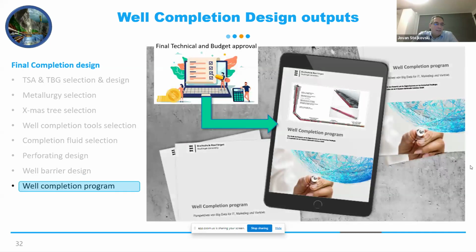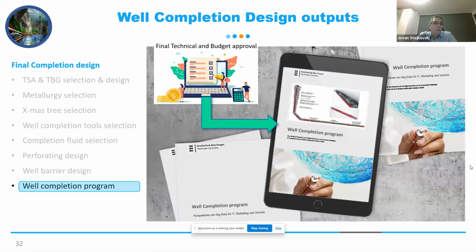Going on to our last slide for today, I will compile all of these things. All these deliverables we are talking about, which are the responsibility of the completion engineer, need to be compiled together with very detailed operational steps into the well completion program, which will be the ultimate technical proposal with an economical overview of the completion.